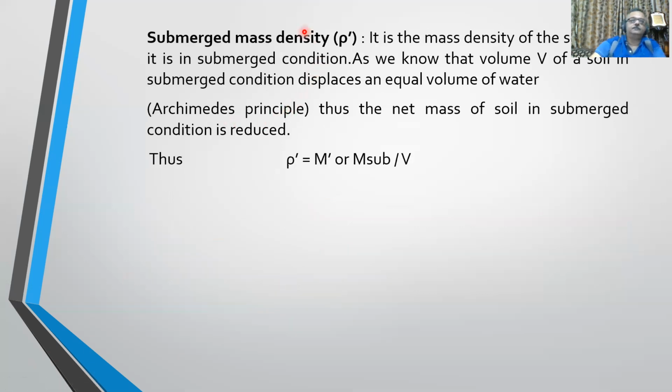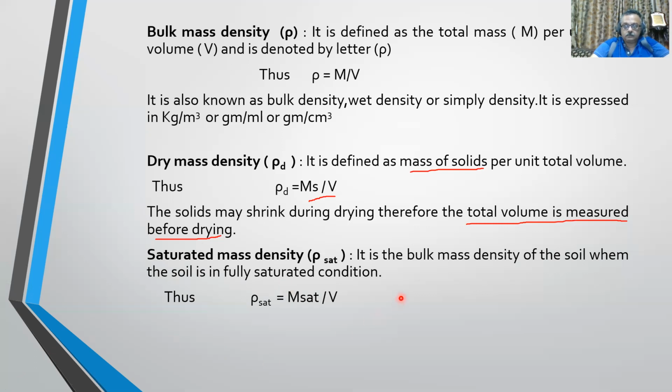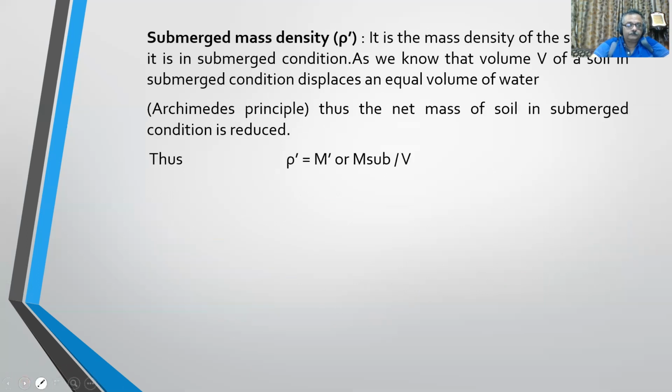Now in case of submerged density, it is the mass density of the soil when it is in submerged condition. As we know that a volume V of a soil in submerged condition displaces an equal volume of water due to Archimedes principle.